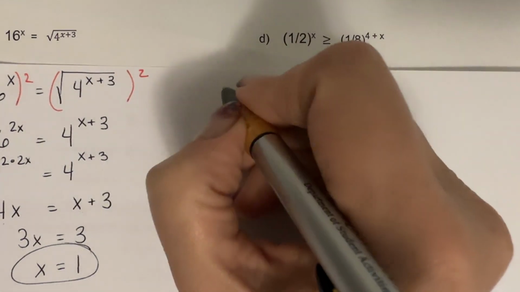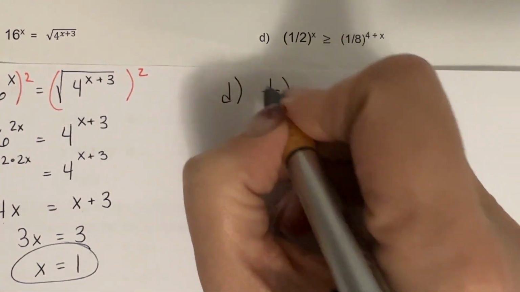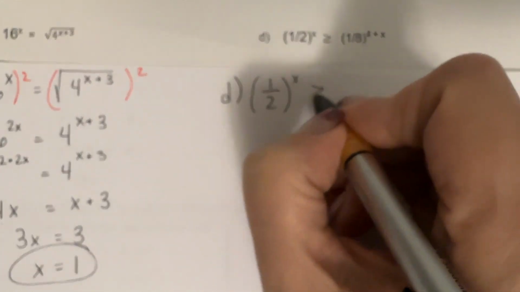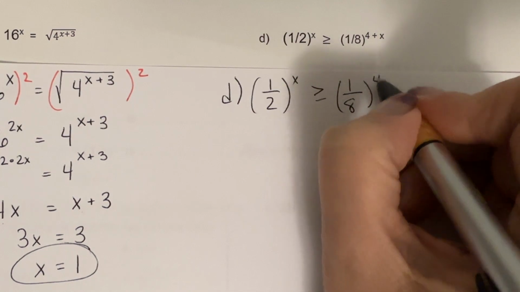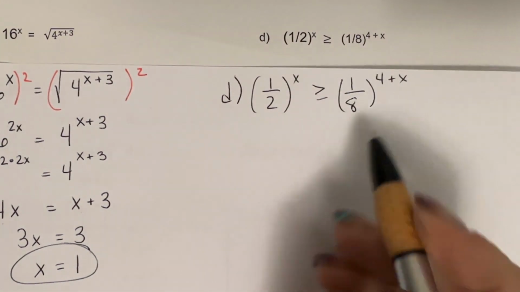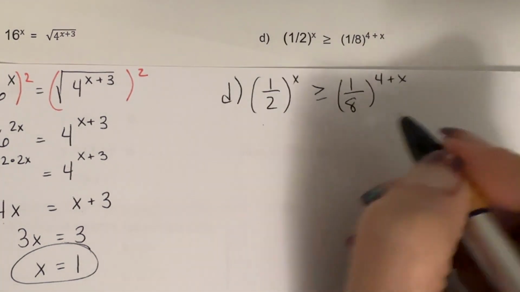Again, I'm assuming that you're going to pause if you need to. Okay, so I can rewrite this if I do a cube on both sides, well, on this side.